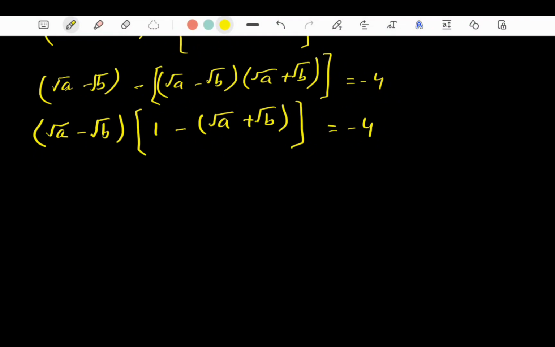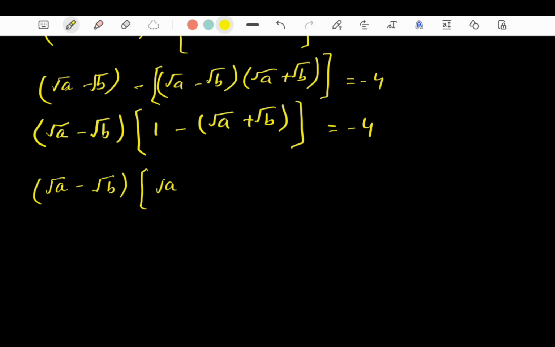So we can multiply this term by minus: this minus will become plus and 1 will become minus.